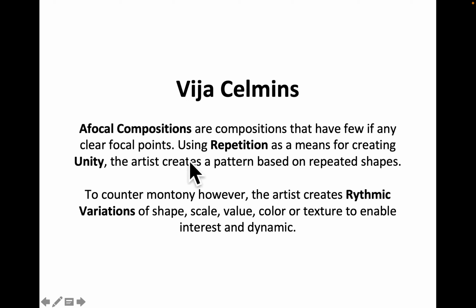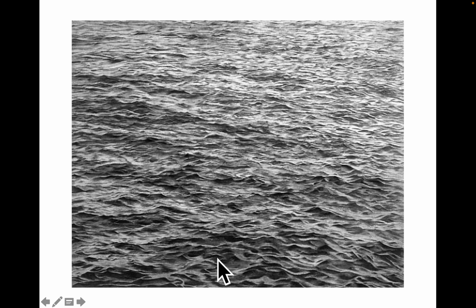So it's about looking for a pattern of repeated shapes, but looking for within that pattern shapes that are dynamic enough in their shape, their scale, their value, their color, their texture, to be interesting to look at.